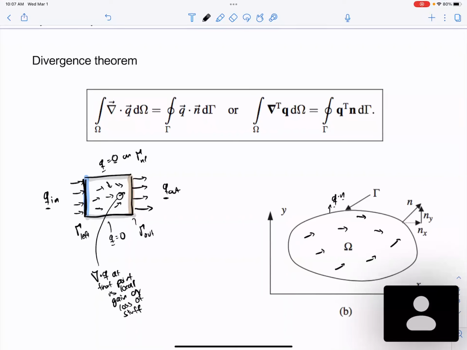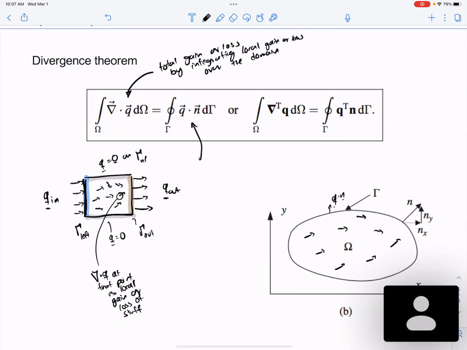If you want to know how much in total you gain or lose, then just integrate the divergence of Q over omega. So this is basically the total gain or loss by integrating the local gain or loss over the domain.